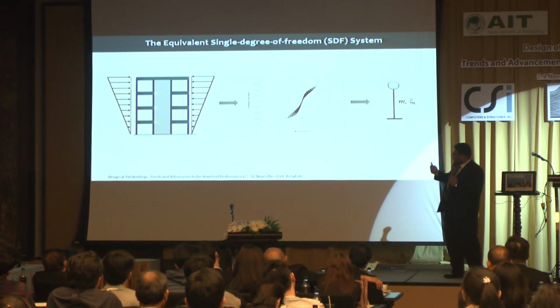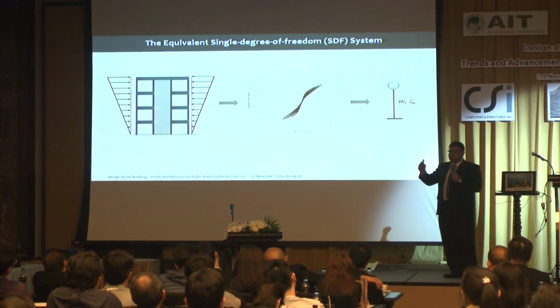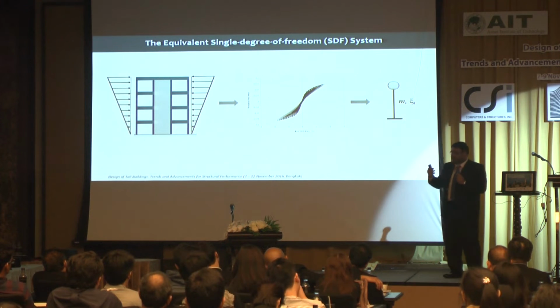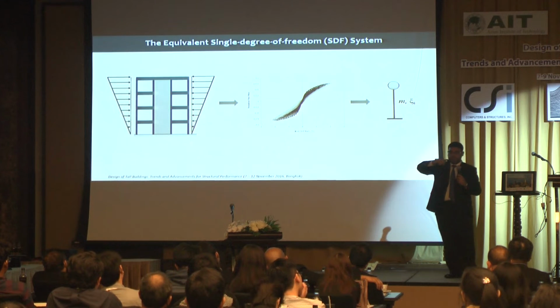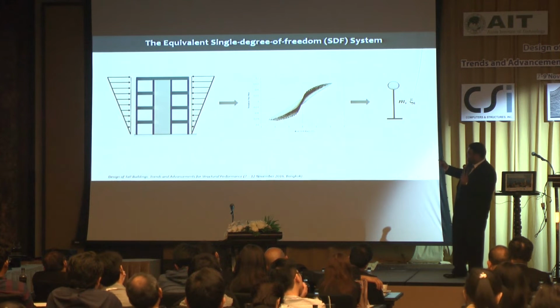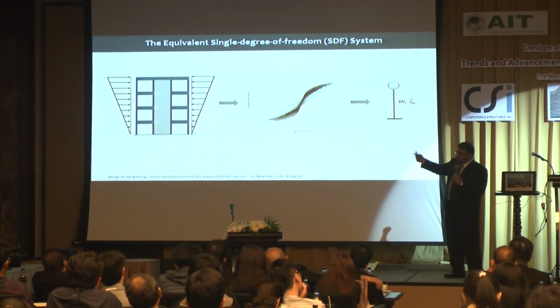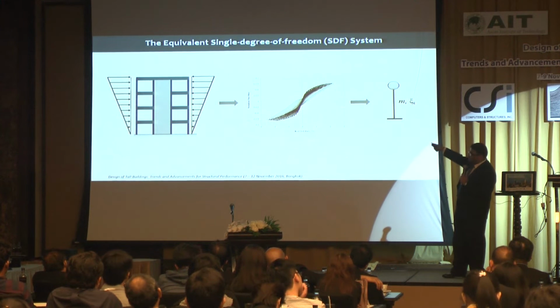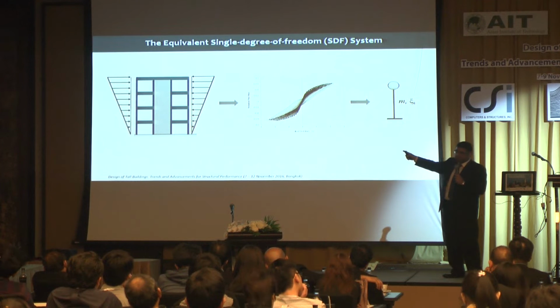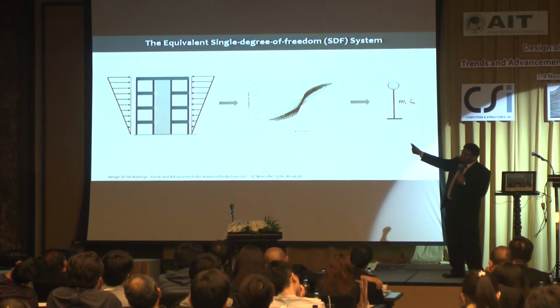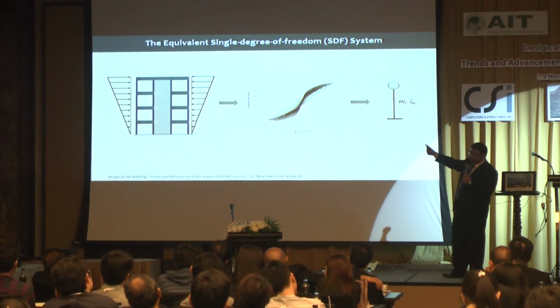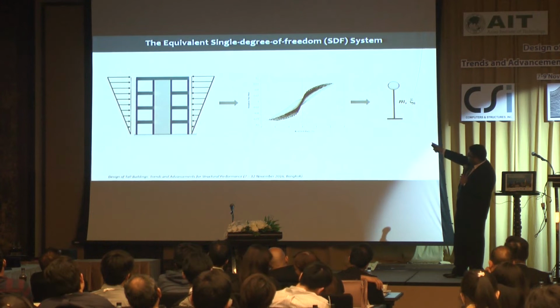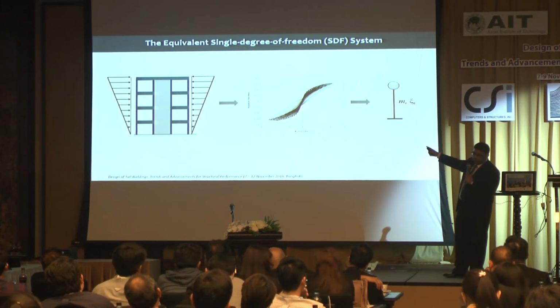The idea is simple: you subject your multiple degree of freedom system to monotonically increasing lateral forces, and then you reverse the direction, and you push and pull, push and pull, and apply these cycles, and as a result you will get a hysteretic or cyclic response that looks something like this. If you use the first mode shape pattern to push and pull your structure, this hysteretic response is the first mode response.